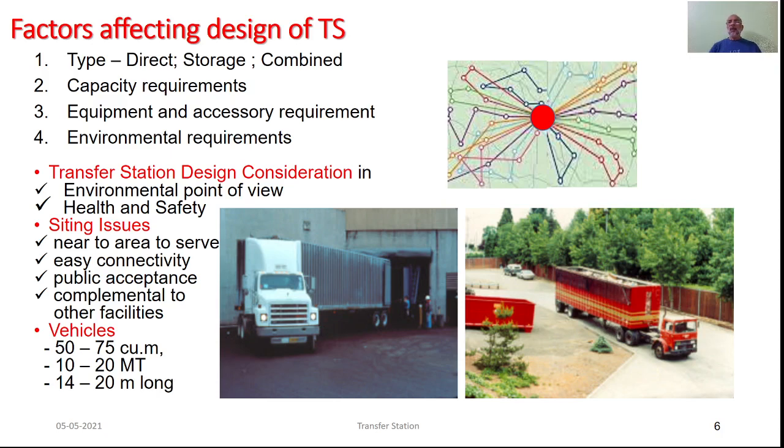Hence, while designing the proper transfer station, at a particular location, we also have to take into account the size of such vehicles, the turning radii required, the traffic patterns, the driver skills, and even the fuel requirement, workshop facilities required to maintain the vehicles, and such things.